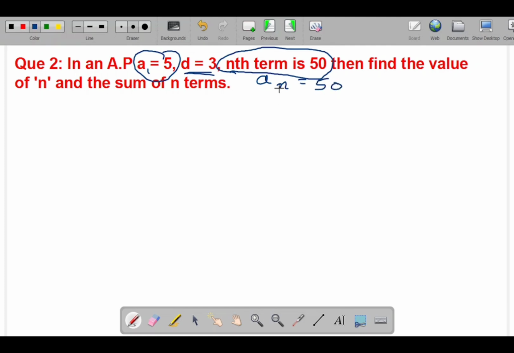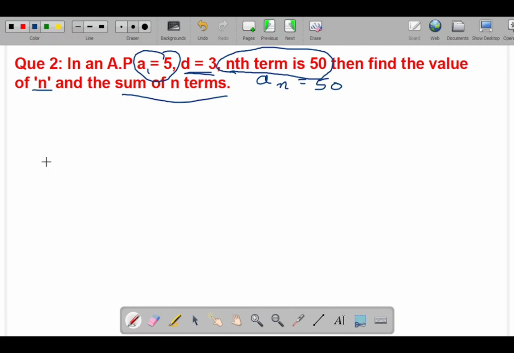We don't know what the number n is, so we have to calculate n and the sum of n terms. So let's go ahead. First of all, we calculate n. In our previous video, we have learned how to calculate n, so pause this video and check.